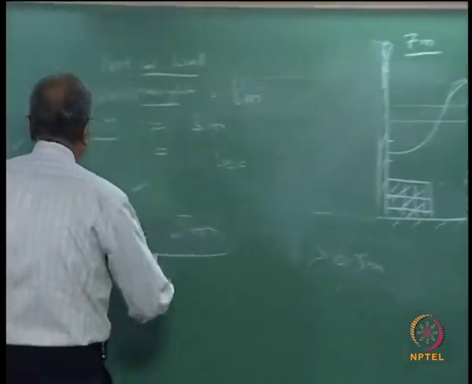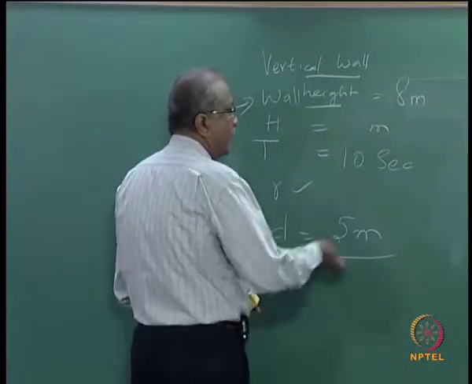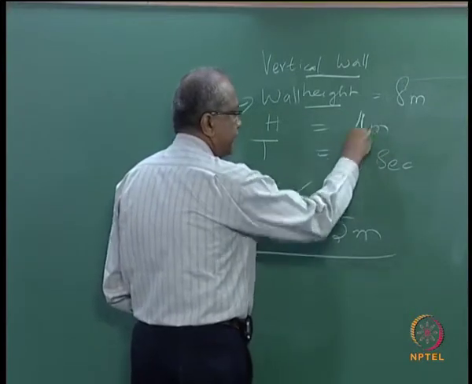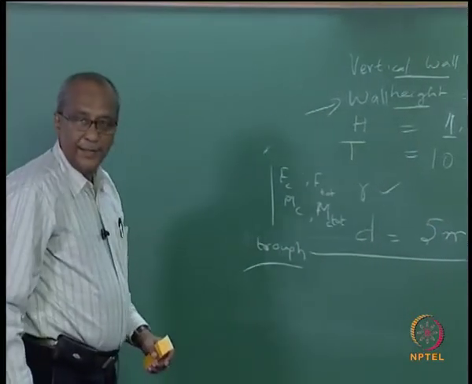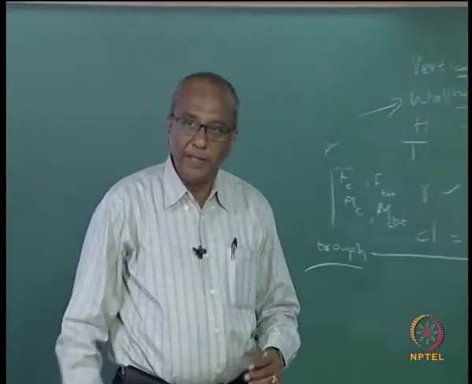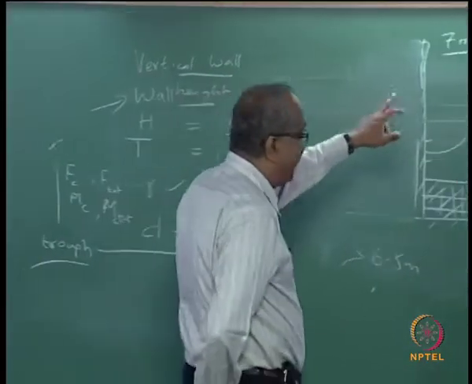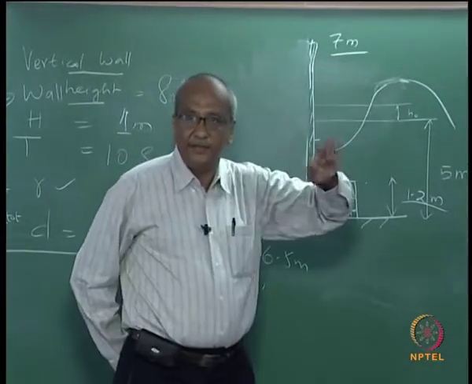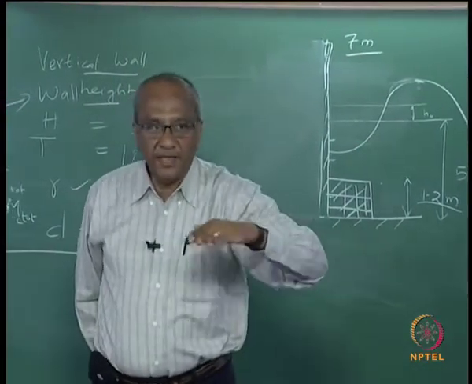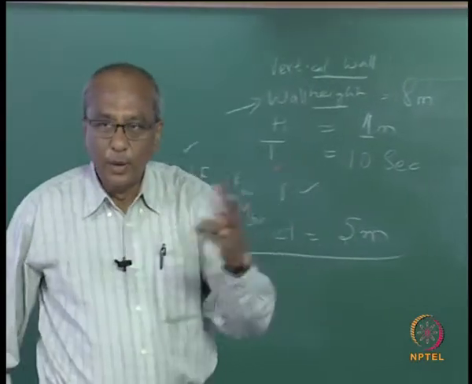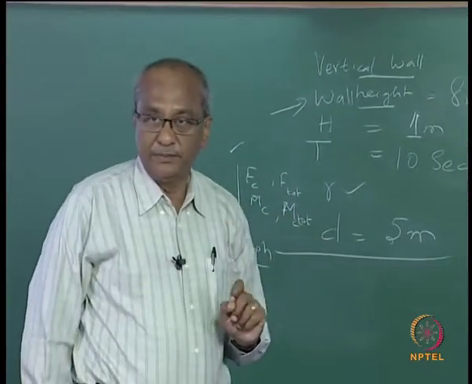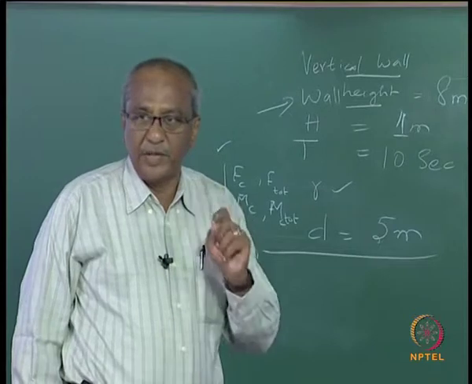So in that case we will change this to 1 meter, and when we change to 1 meter wave height, then the height of the wall need not be 7 meters, it can be reduced. That is the reason why I am asking you to look at the problem with magnitudes. That is the best way of understanding.